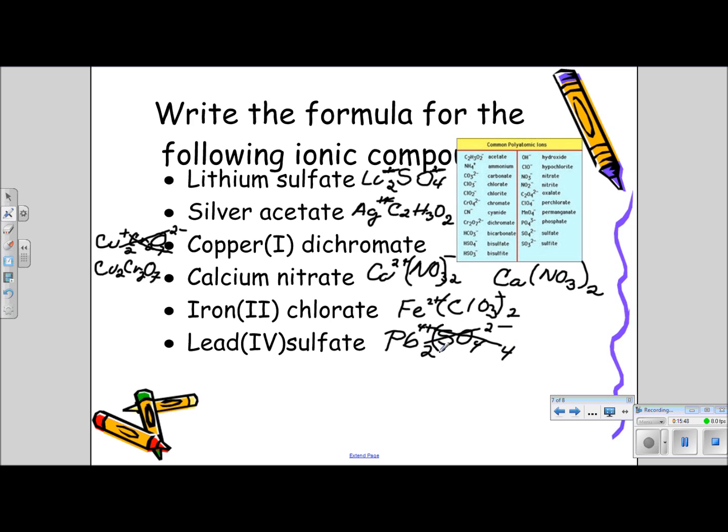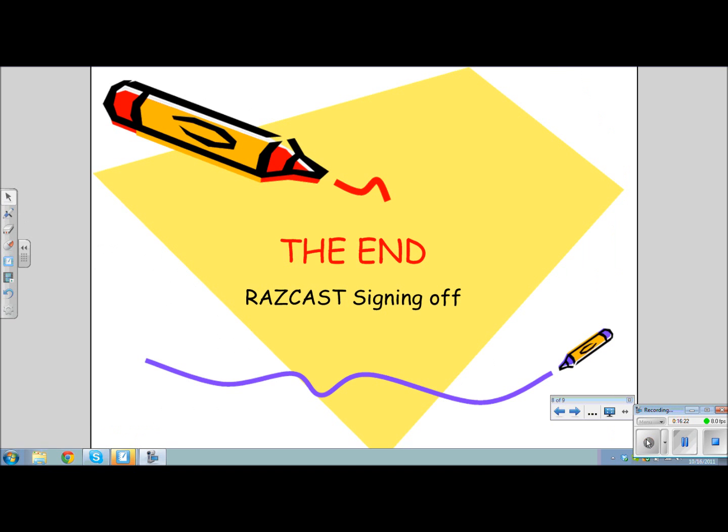Okay, and we're going to put parentheses. Anytime we add a subscript to a polyatomic ion, we must add parentheses. But we're going to simplify because this is a 2 and a 4. So we're going to say Pb parentheses SO4 close parentheses 2.